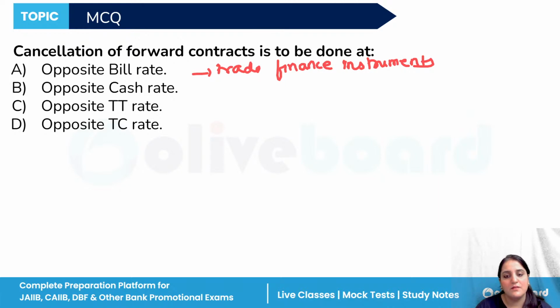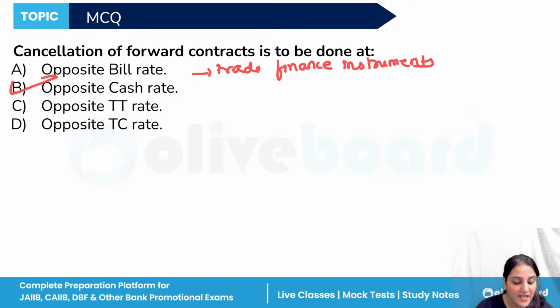Why C? I think C is not correct here. The correct option is opposite cash rate. Yes, the correct answer is opposite cash rate, because the TT rate relates to the telegraphic transfer, rates for electronic currency transfers, but is not the typical rate used for cancellations.